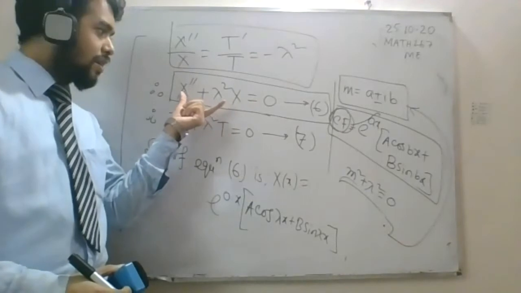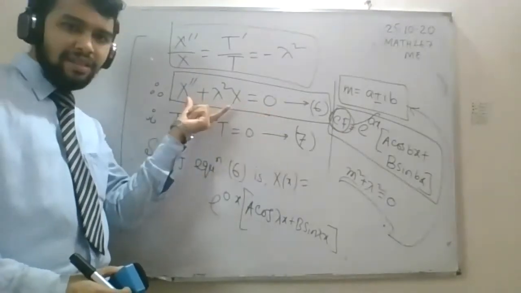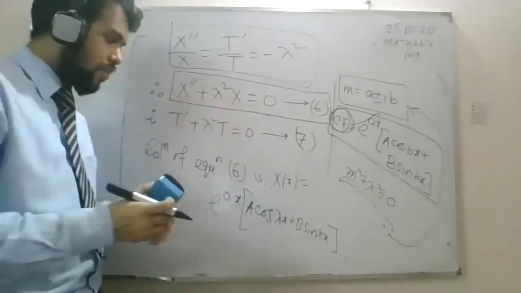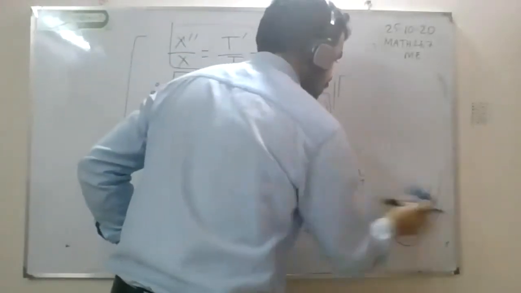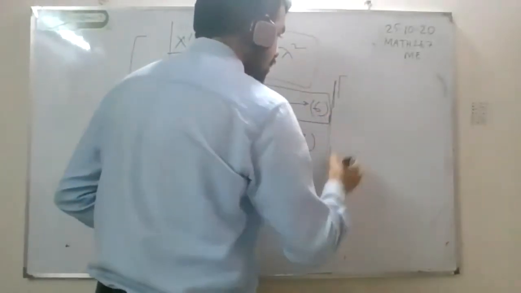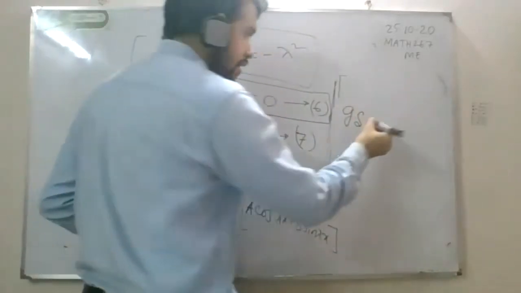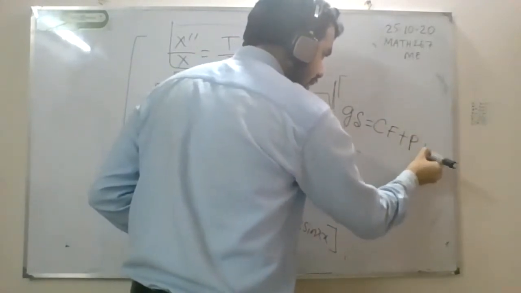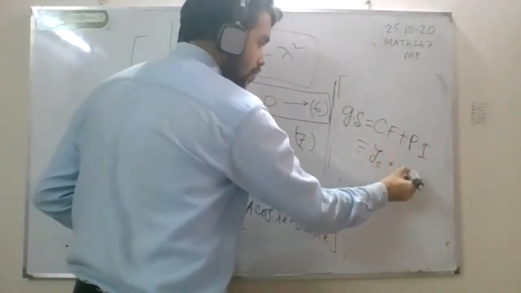If the right hand side equals 0, this is your homogeneous linear differential equation. For solving or finding the general solution, you have to write the complementary function plus particular integral, that means yc plus yp.